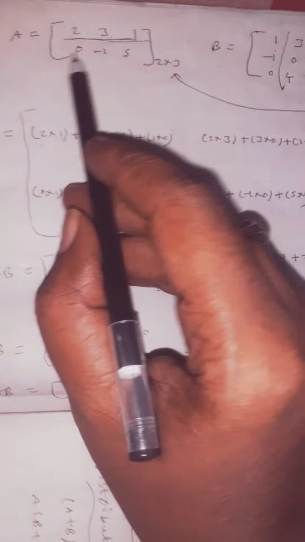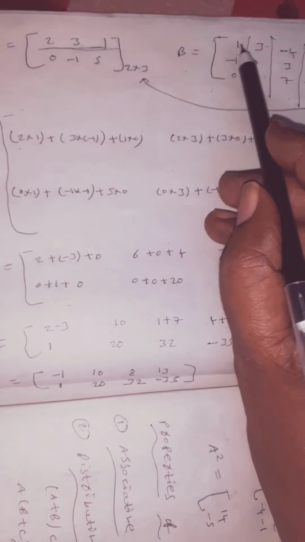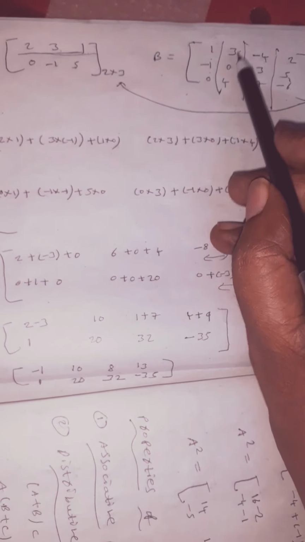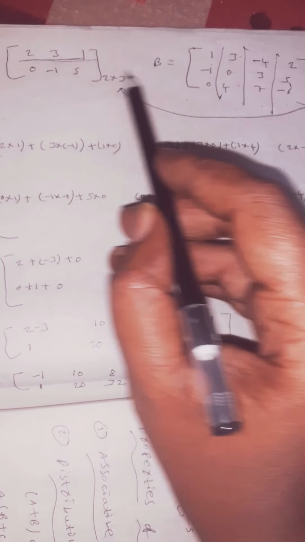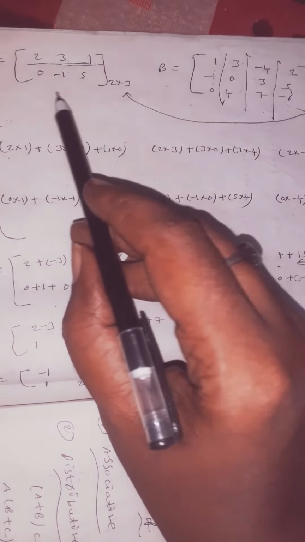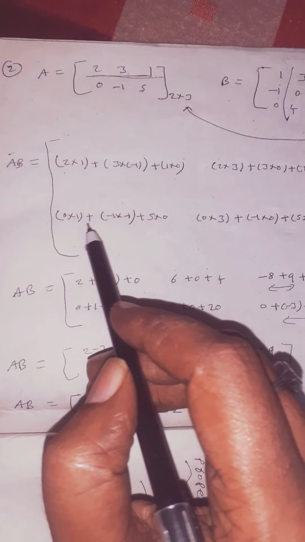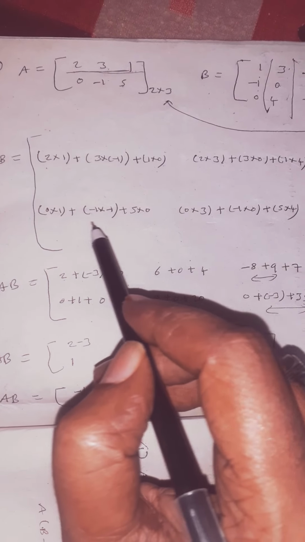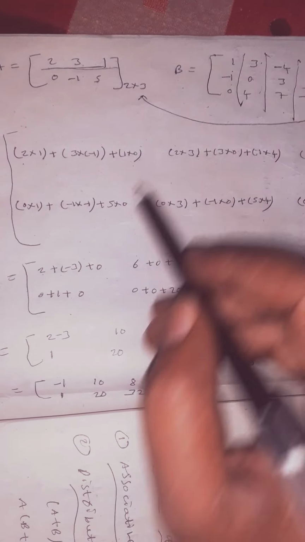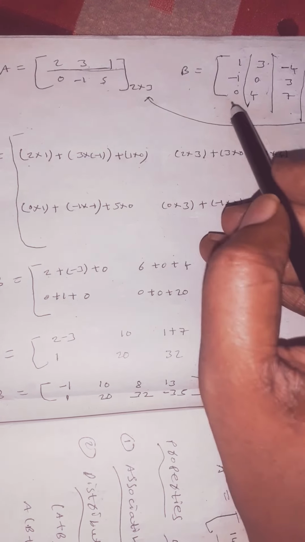Similarly, what should I do? Second row with first column, second row with second column, second row with third column, second row with fourth column, means 0 into 1. Similarly, you will get 0 into 1 plus minus 1 into minus 1 plus 5 into 0.